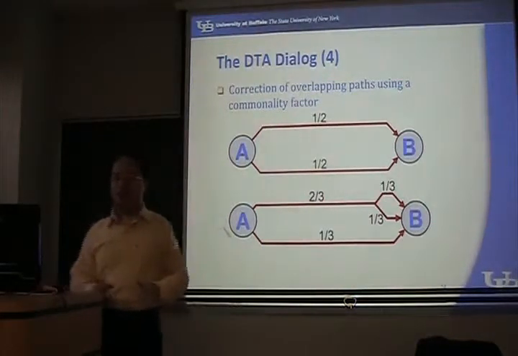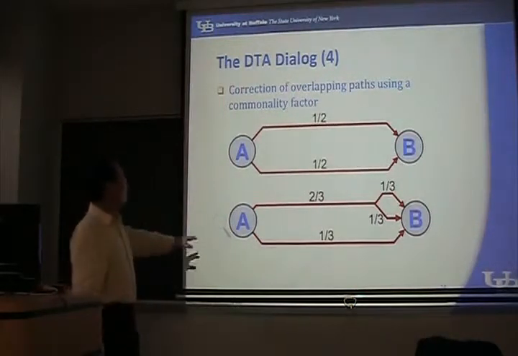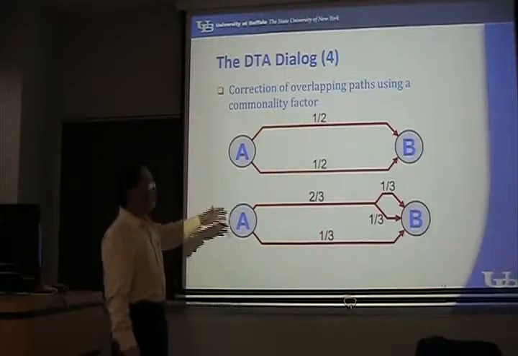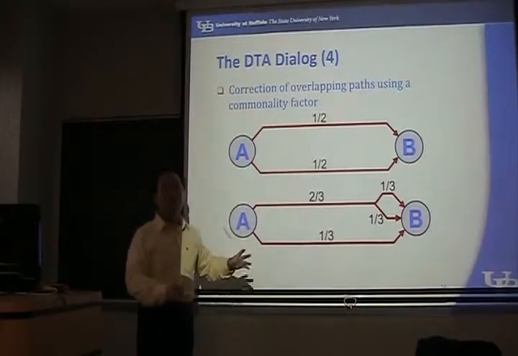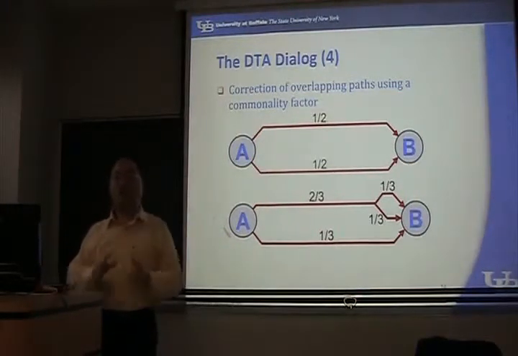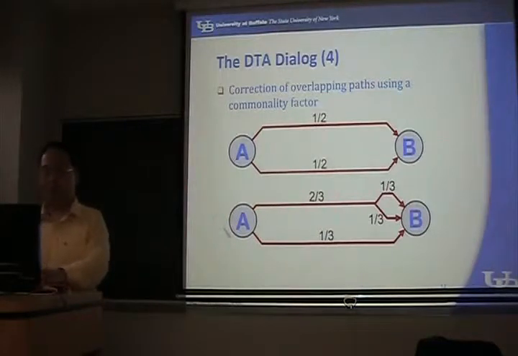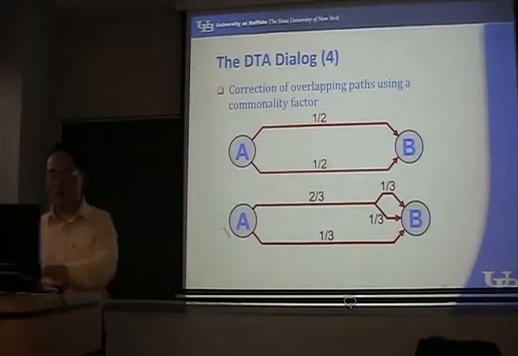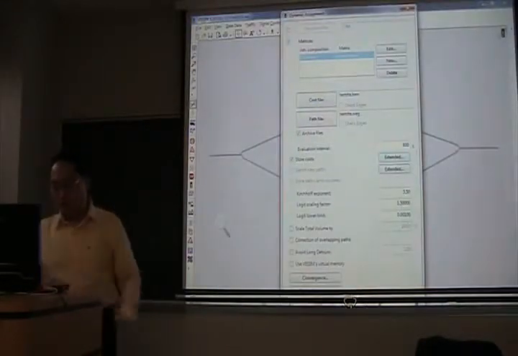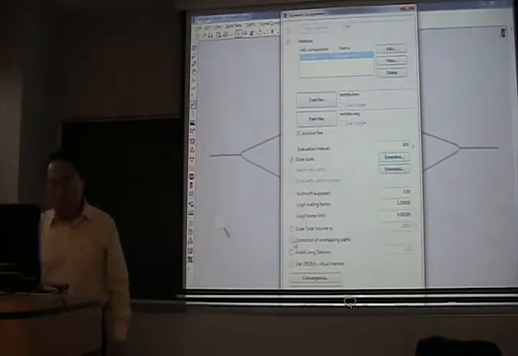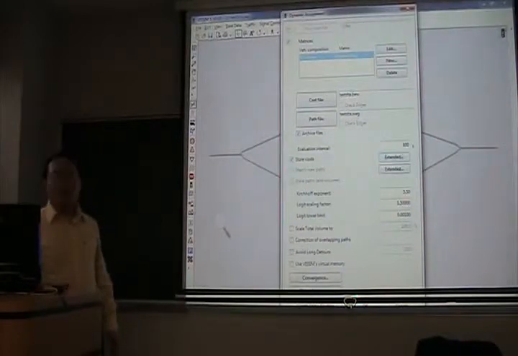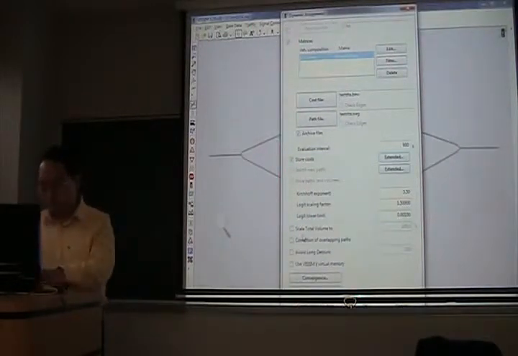But be very careful when you use it, because typically you are going to assign more traffic to the longer path. So they don't recommend you to use it very often. But this is an option you can use, just here, correction of overlapping paths in the middle of the dialog.